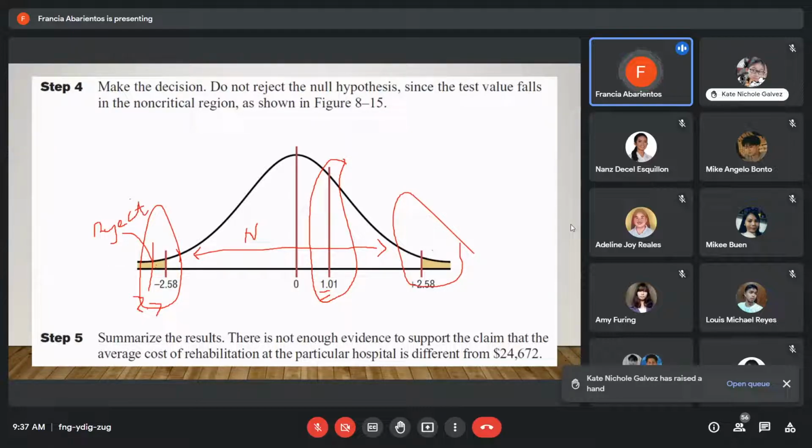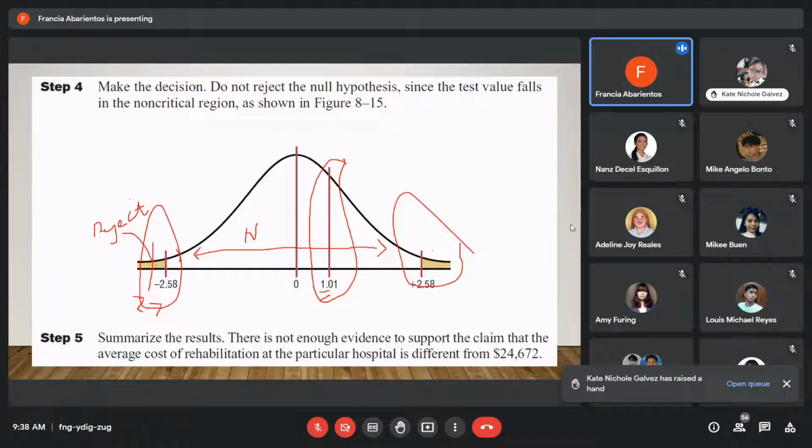But since hindi naman nag-fall, wala tayong basihan para i-reject yung hypothesis natin. Okay? So, in summarizing the results, there is not enough evidence to support the claim that the average cost of rehabilitation at a particular hospital is different from the 24,670.